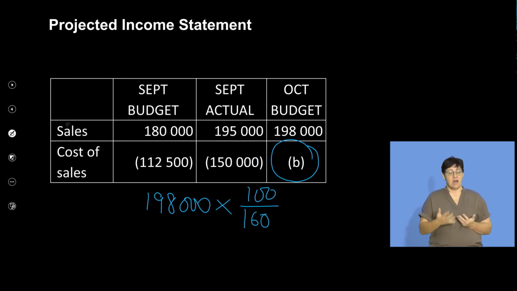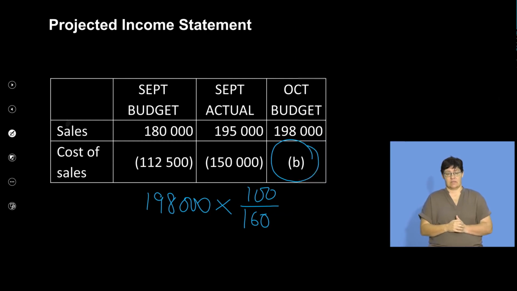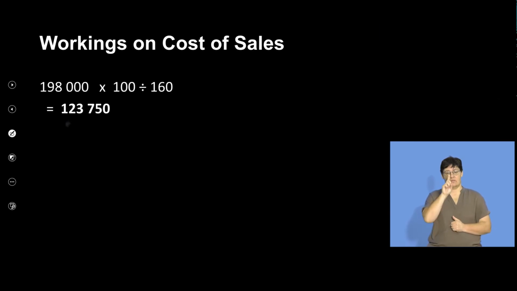And you can see that if you do this here, let's do the calculation. It says 198,000 times 100 divided by 160, and you will get a figure of 123,750. Watch. The operation, 198,000 times 100 divided by 160.